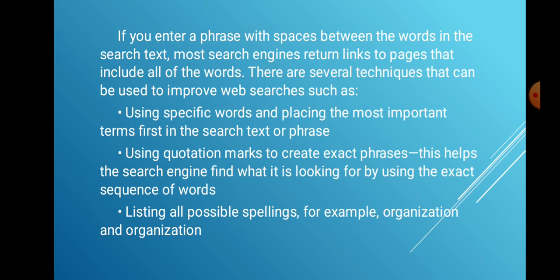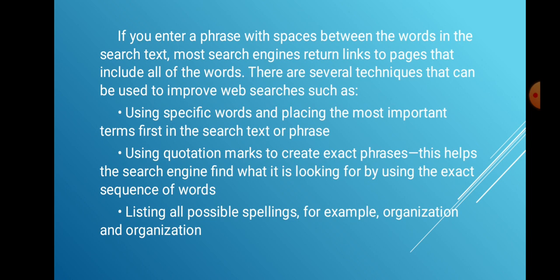There are several techniques that can be used to improve web searches, such as using specific words and placing the most important terms first in the search text or phrase, using quotation marks to create exact phrases.